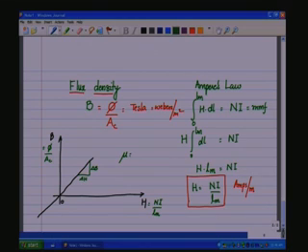Mu is equal to delta B by delta H, and if it is linear, it is B by H. So this means flux density B is equal to mu H.